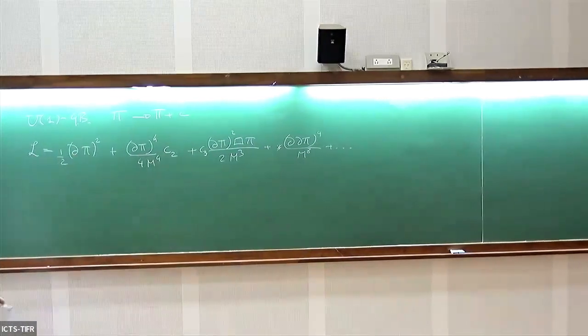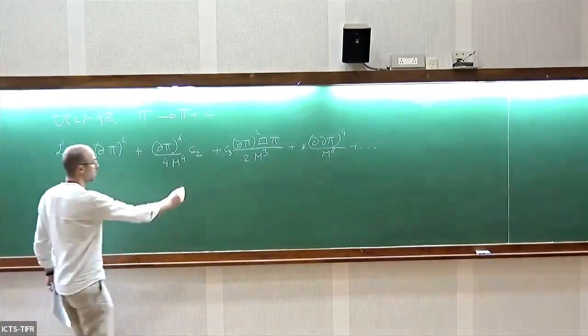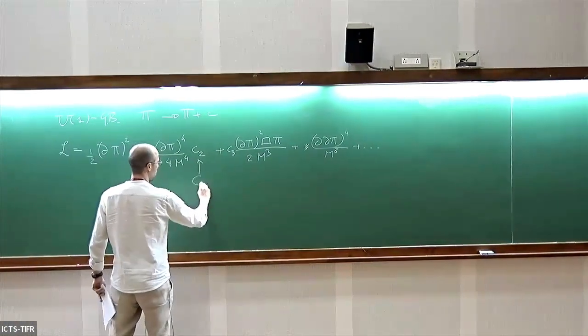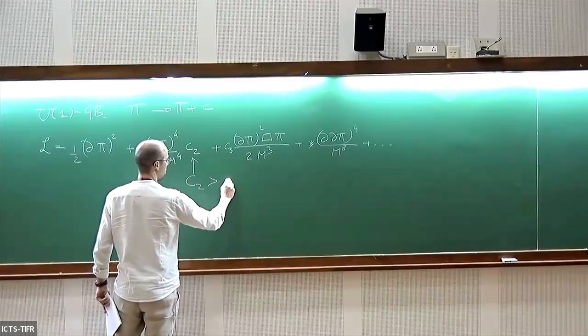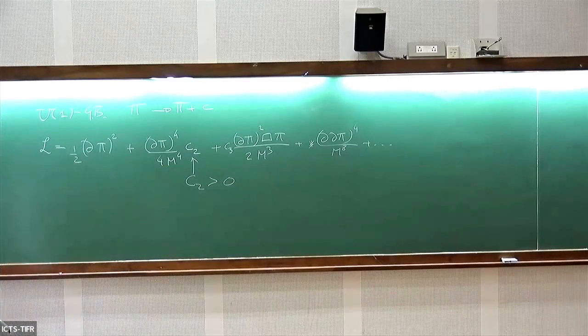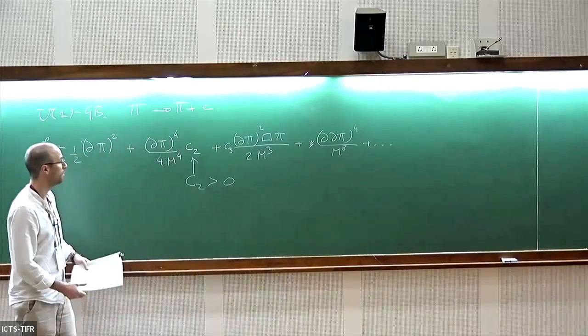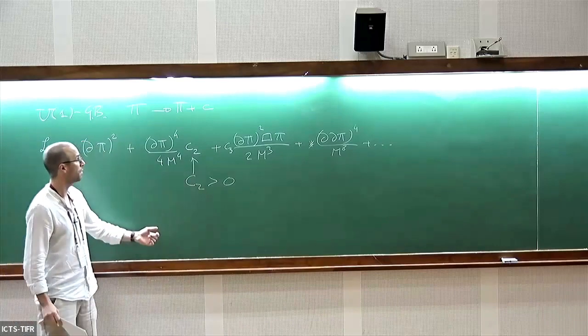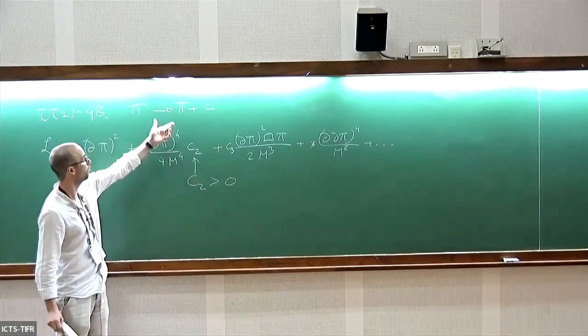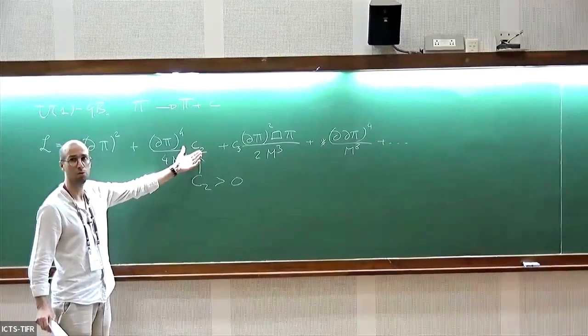I want to show you that causality will force C2 to be positive. This first goal shows you how causality can be used to determine this, which from the point of view of symmetries is completely undetermined.